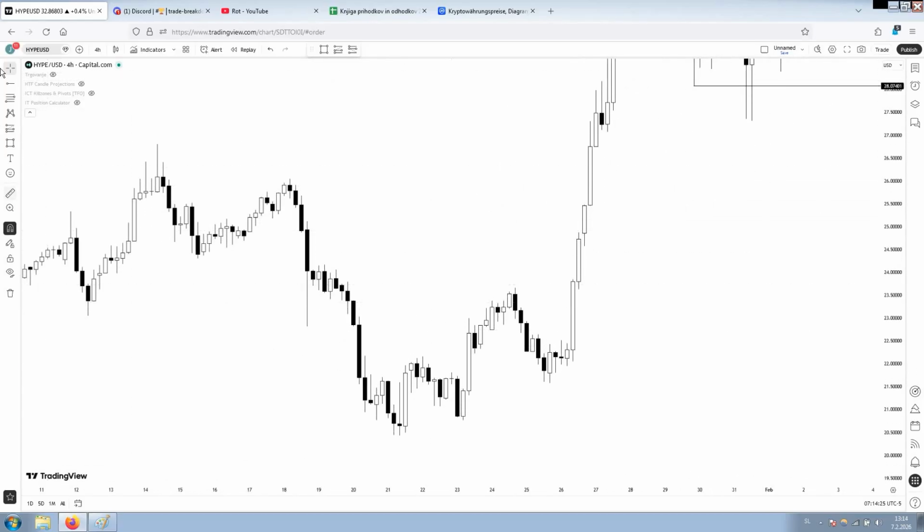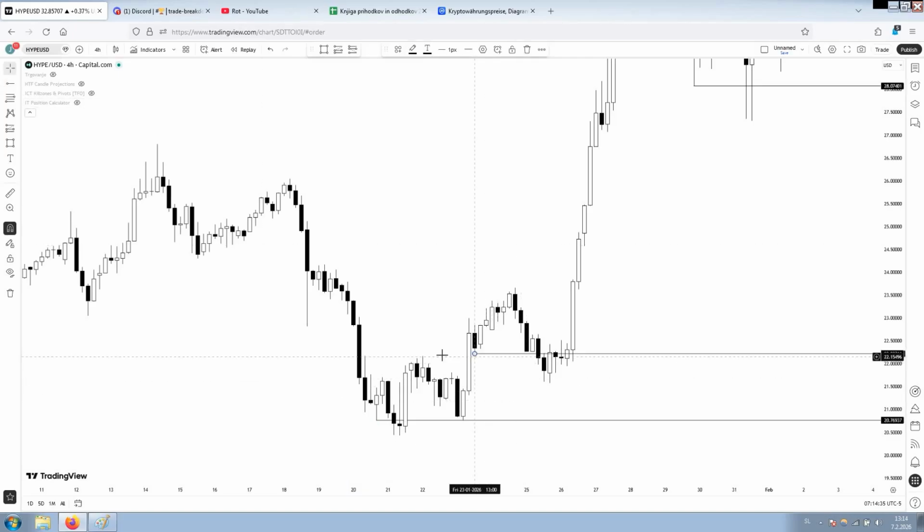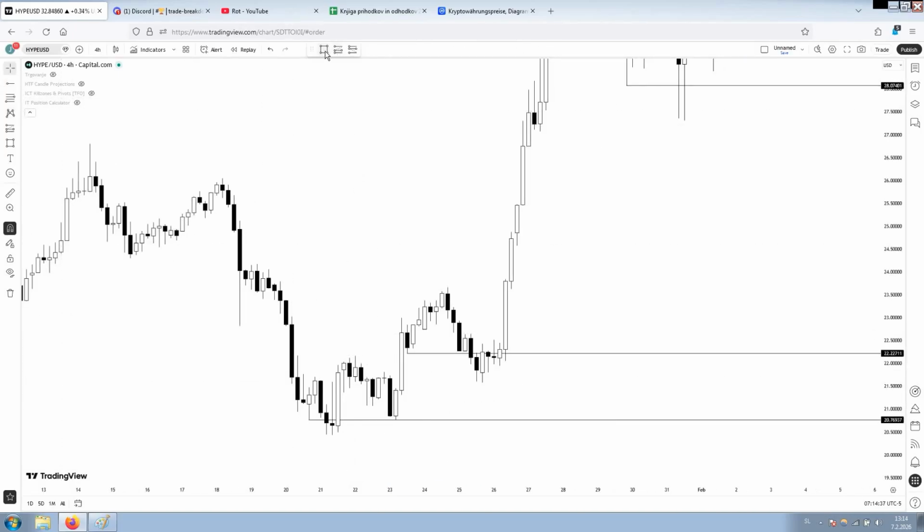For example, here, look, we have a move down and a move up, so that's a low. We sweep liquidity here and then we continue higher. What do we have here? We have the beginning of a fair value gap, like this. What does the price do? The price goes into the fair value gap and continues higher.